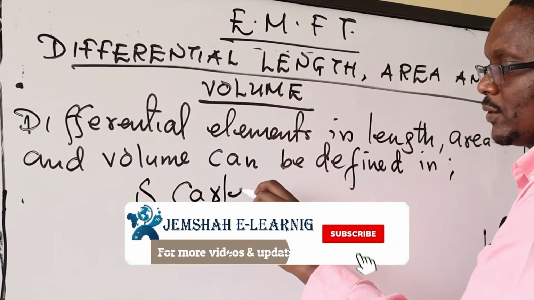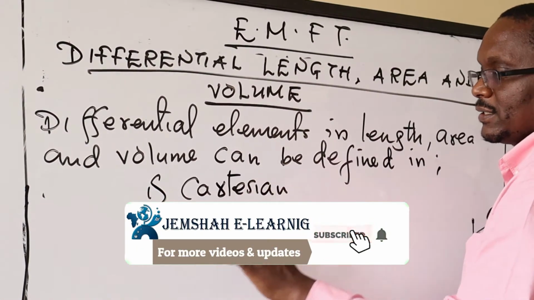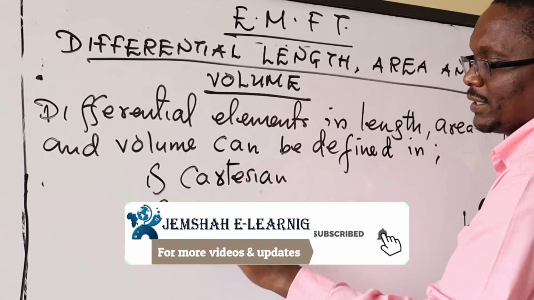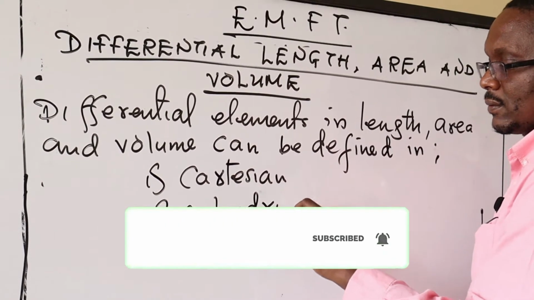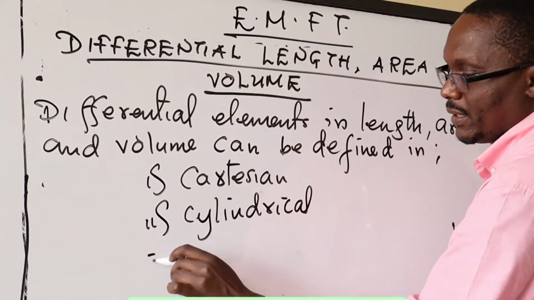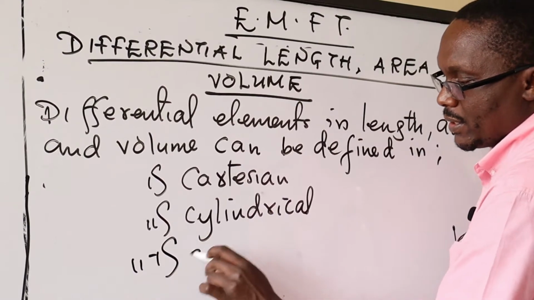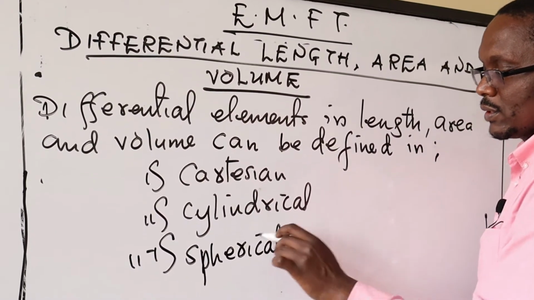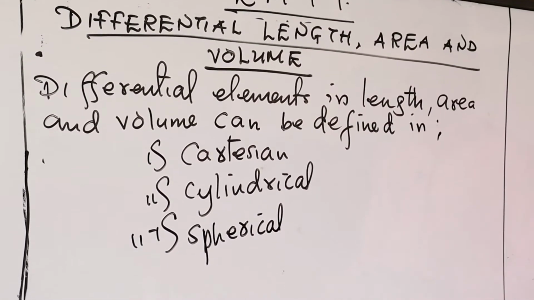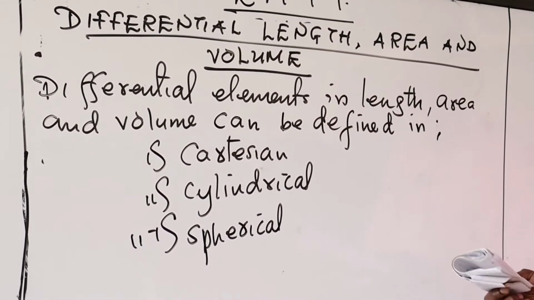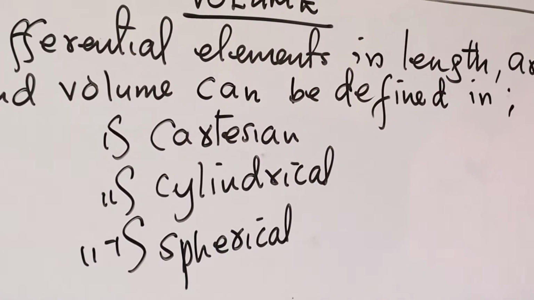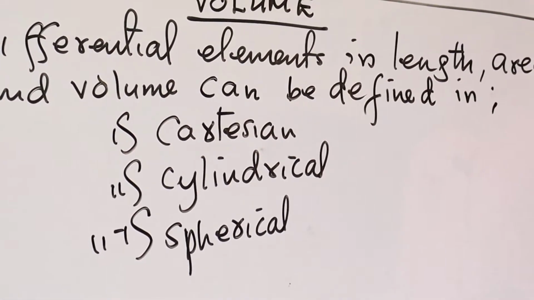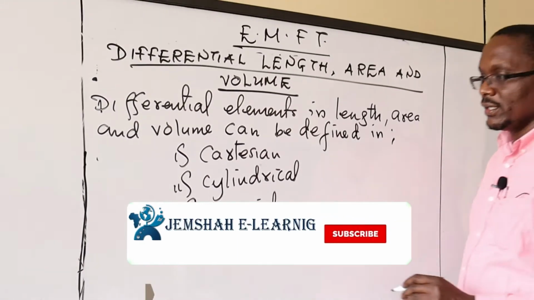We are still looking at our coordinate systems. Now we want to look at these differential length, area, and volume, first of all in the Cartesian coordinate system.